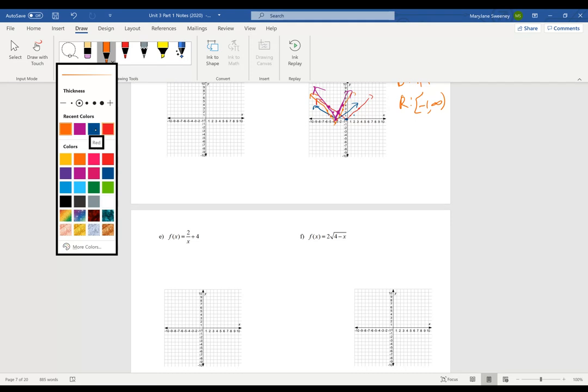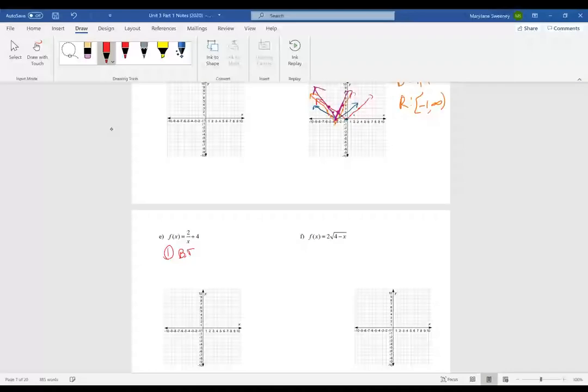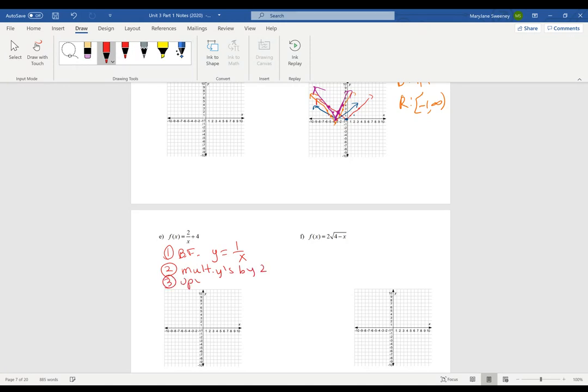Okay, so for this one, basic function is y equals 1 over x. We are going to multiply y's by 2 and then up 4. Now, let's talk about how we know this is a multiply the y's by 2.